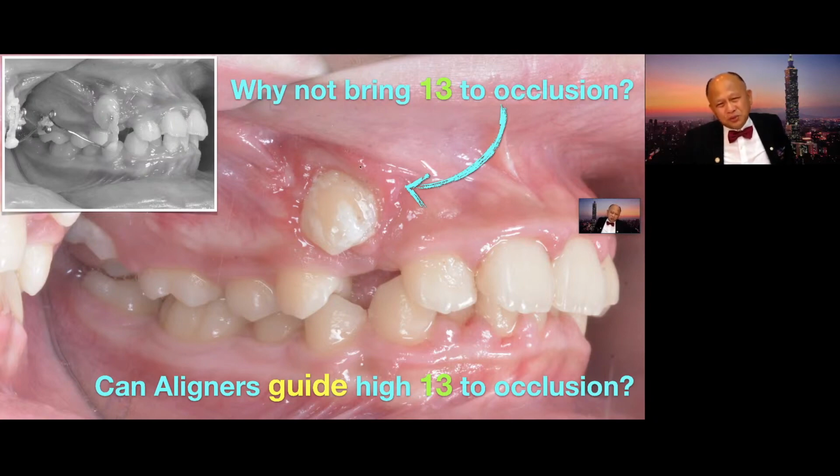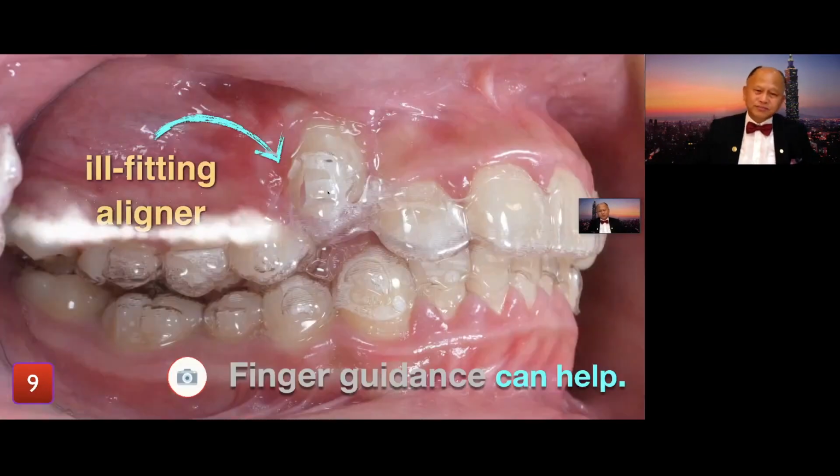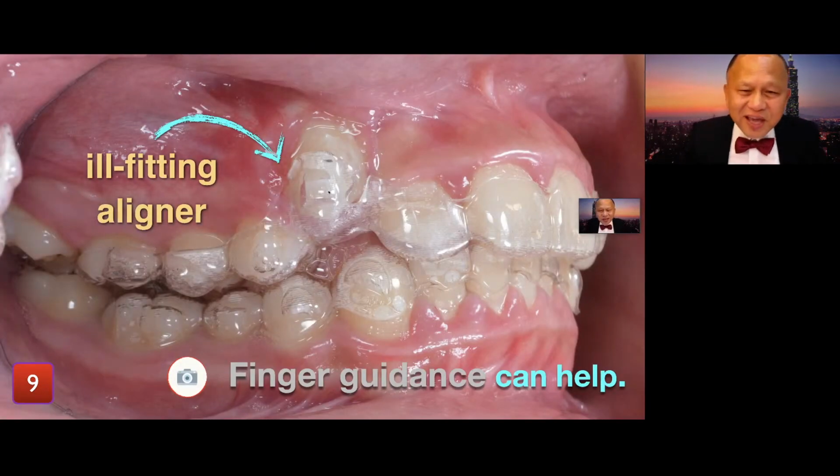Because the soft tissue and the hard tissue cannot keep up with this 3D lever. The 3D lever is very powerful. So you better keep this way to let the soft tissue recover and regenerate by itself. So I use this aligner, and I hope this aligner can guide the high canine to the occlusion. But if you look carefully, it's ear-fitting aligner.